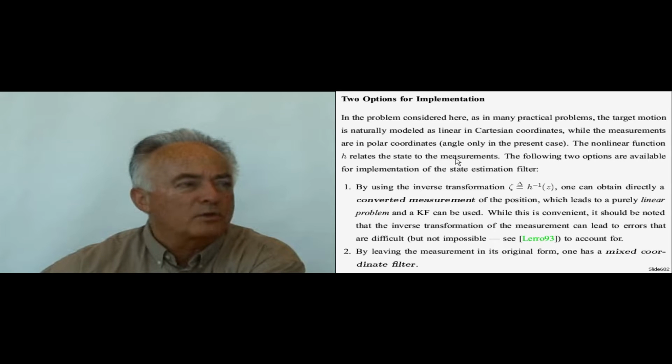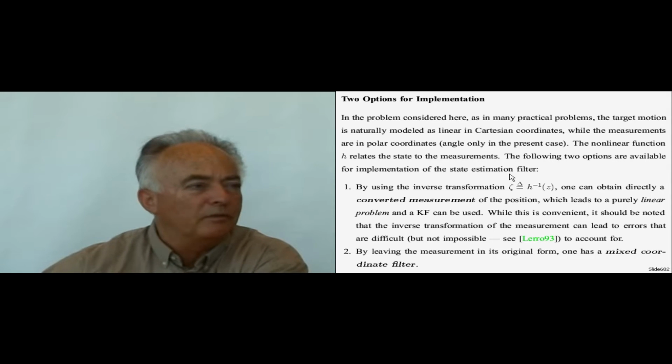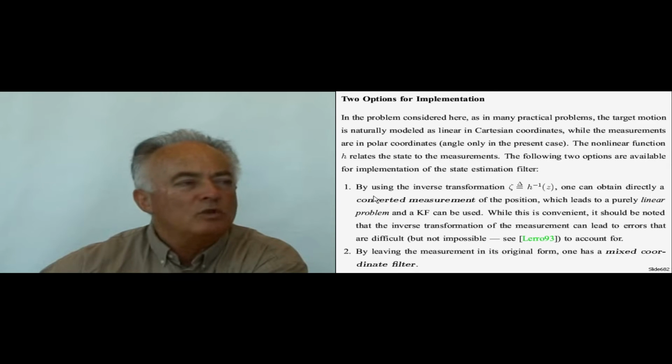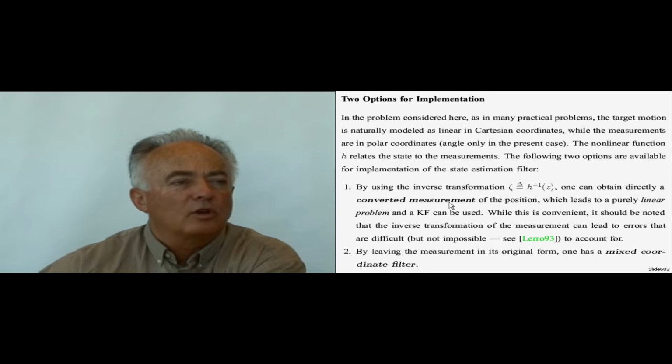So here are the options for implementing the filter. You can continue using the inverse transformation h inverse of z and convert the measurement from angle to position, which would lead to a purely linear problem, and the Kalman filter can be used, which is the good news.